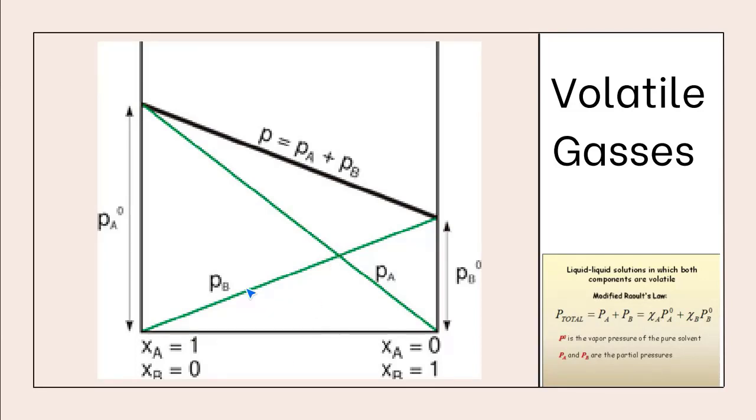So what's going to happen is that this is how you read this graph. So at the bottom, you have your x-axis. So what do these numbers mean? Well, this means the mole fraction of gas A, and the mole fraction of gas B. At the start, the mole fraction of A is 1, and at the other end, the mole fraction is equal to 0, and vice versa.